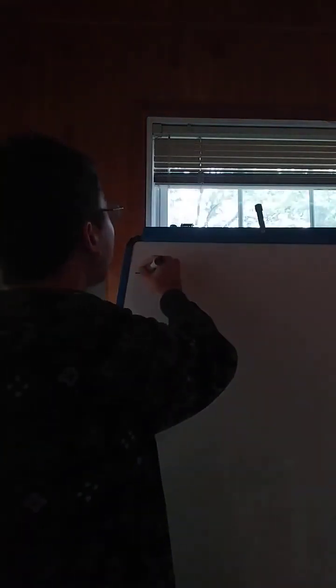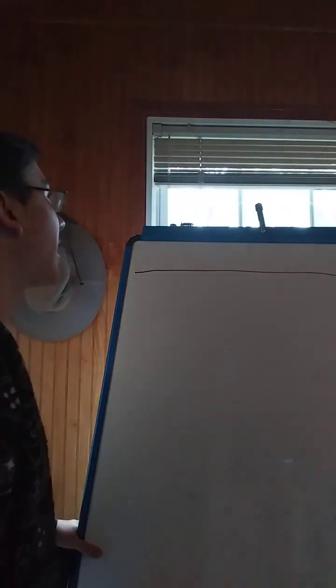So let's just start off with a regular line. Let's draw a regular line. And no, we're not going to put numbers on it. Imagine a line. There's no saying that you go forwards or backwards. This is just a line.